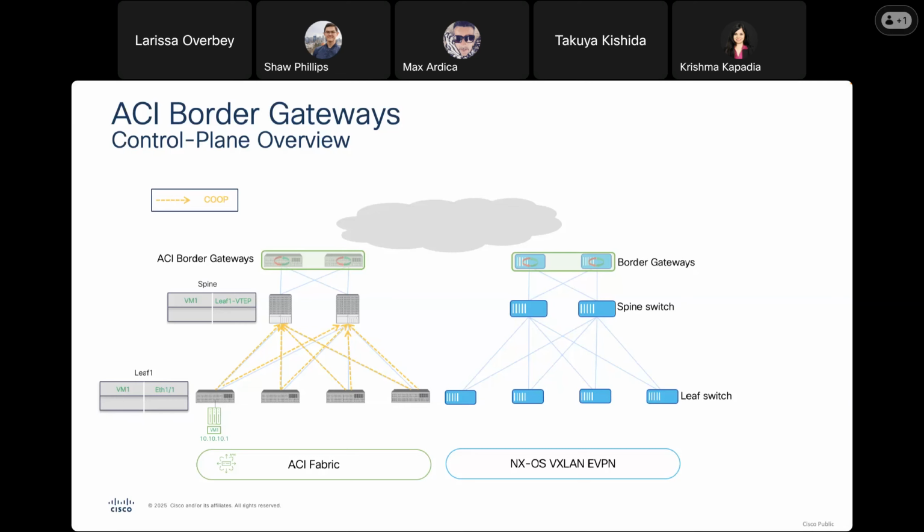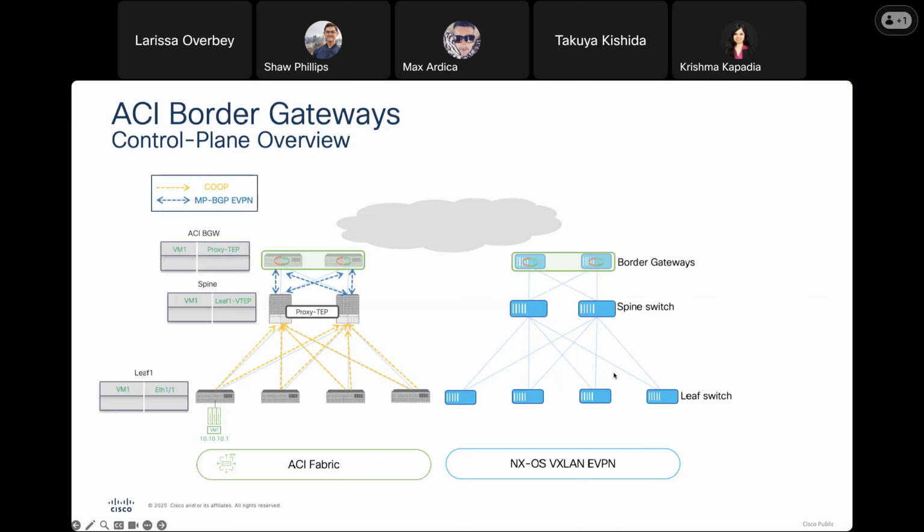It will contain the VTEP information as well as the IP address. The spines will then replicate this information to the other spines. The leafs don't have to send any of this information, so it helps a little bit with scale.